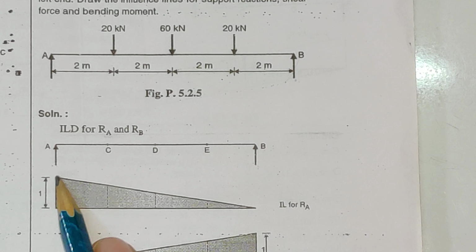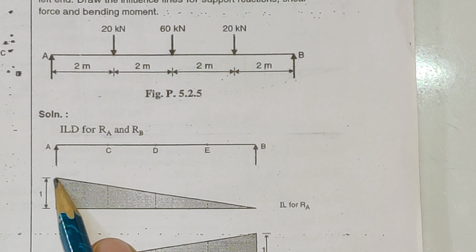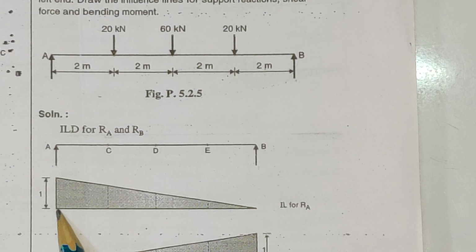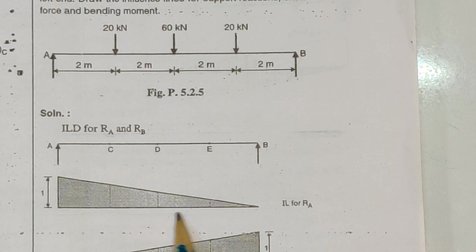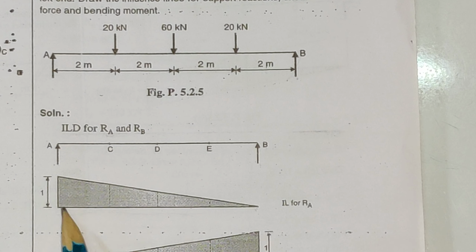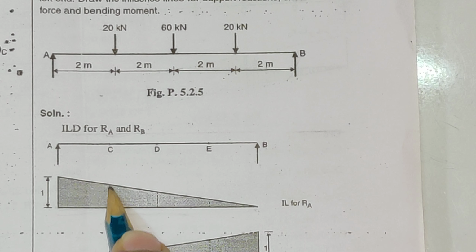So we'll get reaction RA is plus 1, and the value of the reaction goes on decreasing as you move along this length, right? Please try to understand this magnitude.